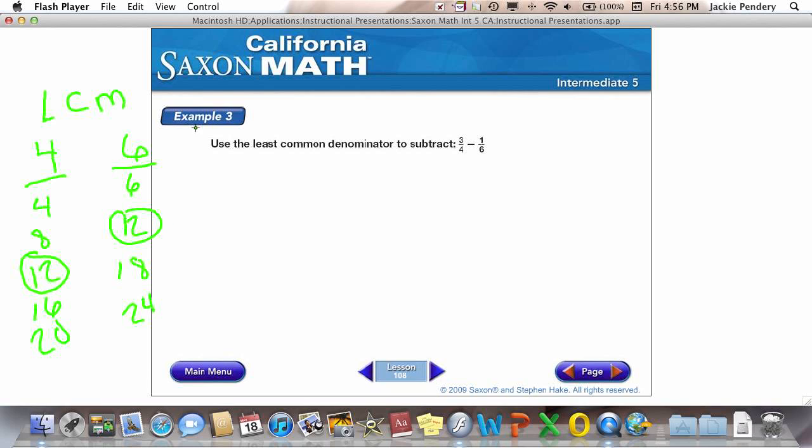So I convert 3/4 and 1/6 into fractions with 12 as a denominator.